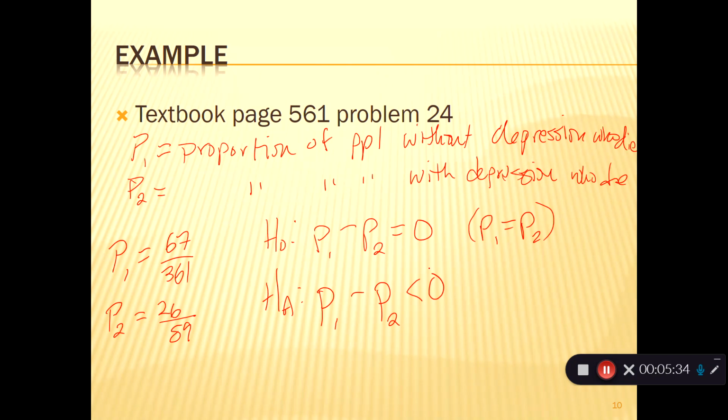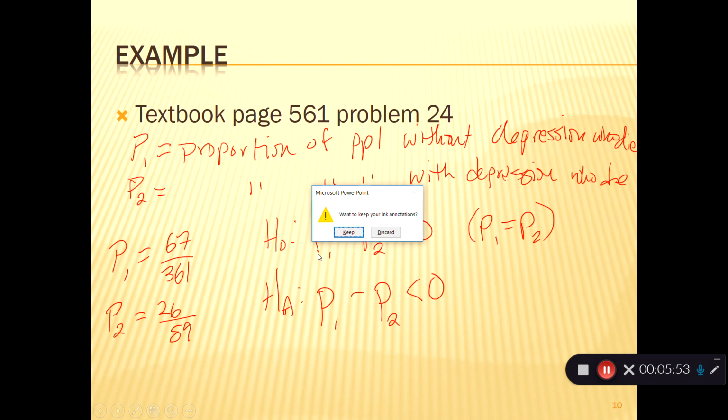In other words, we're wondering, is this bigger than this one? If so, then when I subtract them, it would be negative. And that's what we hypothesized, that people who had depression were more likely to die, right? So that's the way we're setting up our hypotheses.